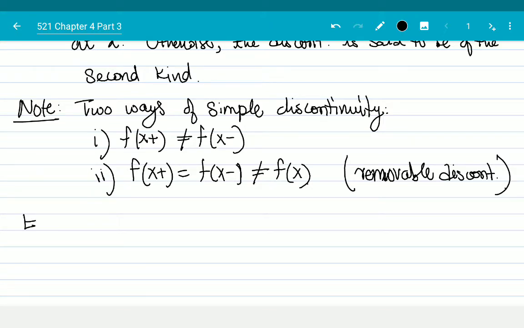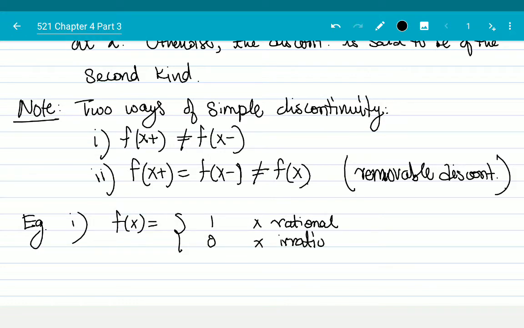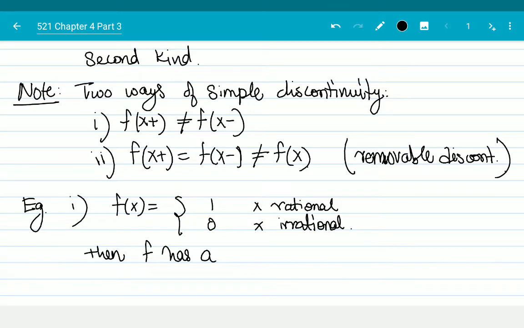Examples. First, if I look at the function f of x is equal to 1 if x is rational and 0 if x is irrational, then f is discontinuous at every point x, and not just discontinuous, it has a discontinuity of the second kind at every x.